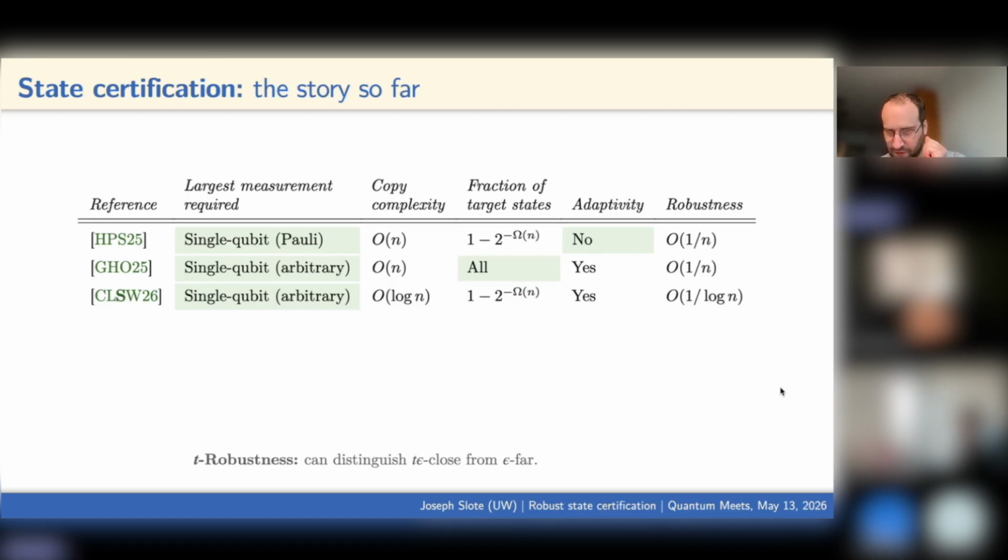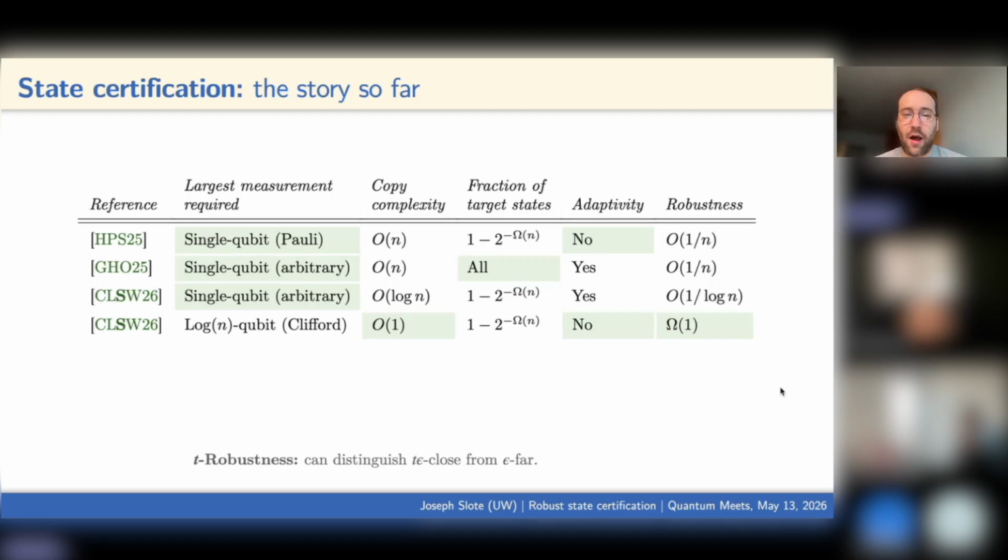So this is an improvement over 1 over n. And then in the same paper, we give another protocol, which is not single qubit, it's log n qubit measurements. And it achieves constant copy complexity, works for almost all states, it's non-adaptive, and it has constant robustness.